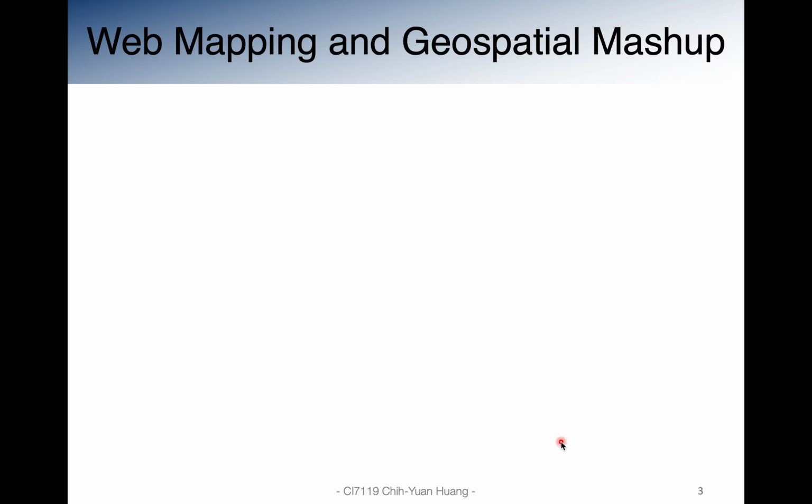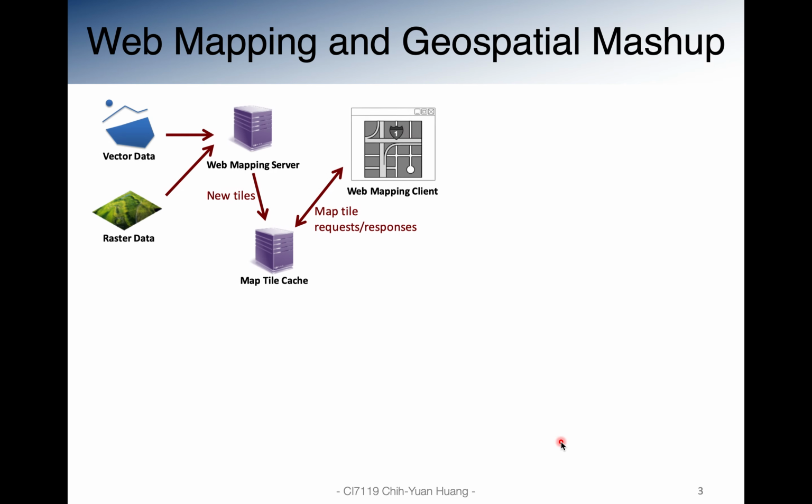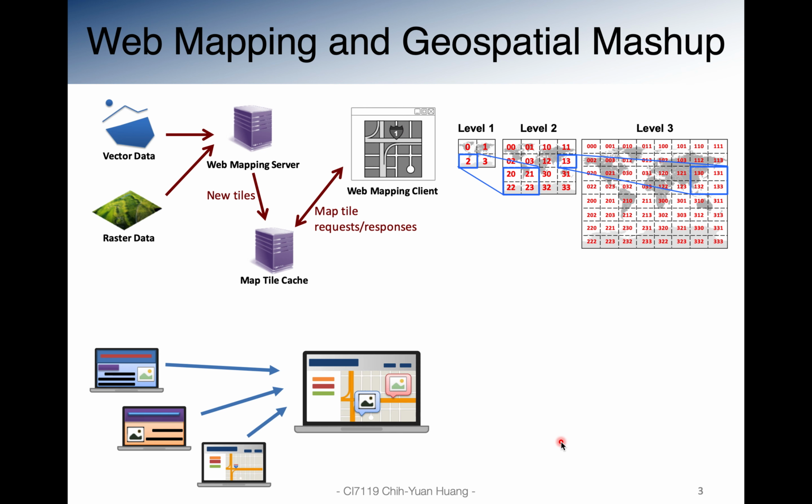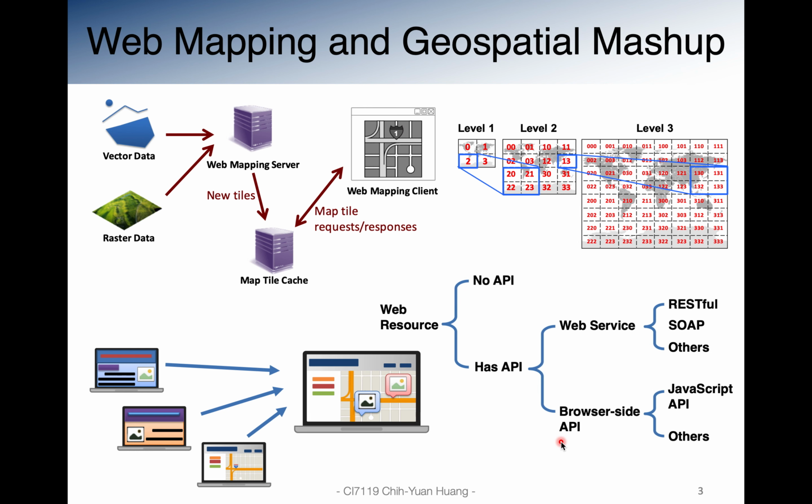So in the previous units, we talked about the web mapping and also the geospatial mashup, including their architecture and the famous web map tile system, and also the mashup of mixing the resources from different online sources and becomes a new application, and finally different categories of the web resources.